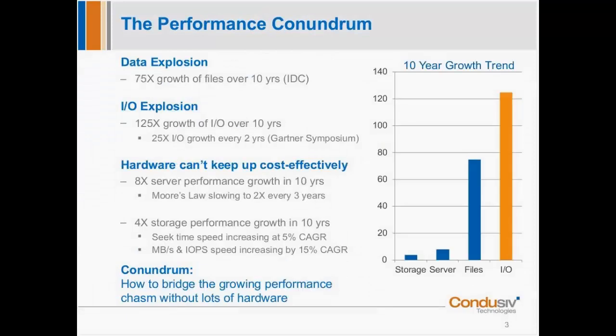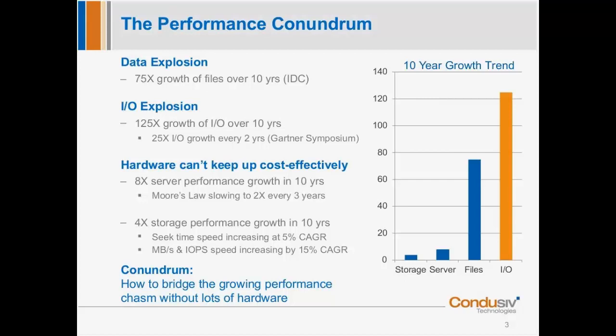Terrific. Thank you, Nick. Good afternoon, everybody. Hope you're enjoying lunch. As many of you are experiencing, there is a data explosion underway. IDC is forecasting over the next 10 years that the number of files will grow by 75 times. Along with that data explosion is an I/O explosion, as applications create that information and a growing number of devices want to access those files.